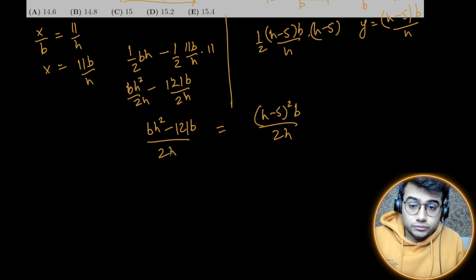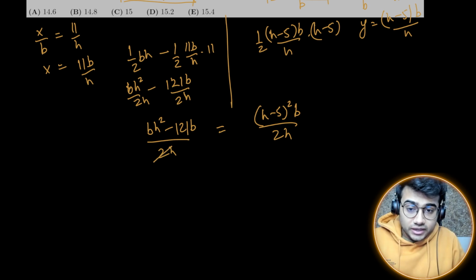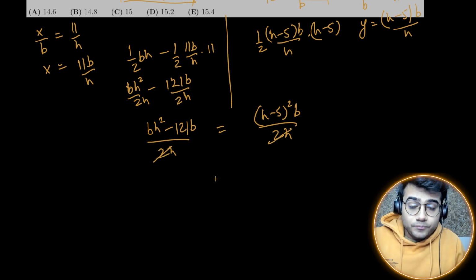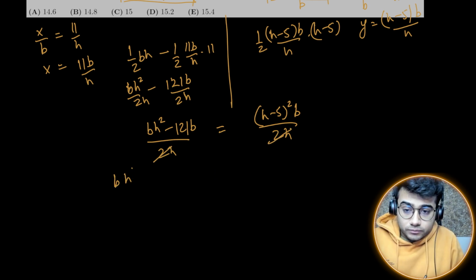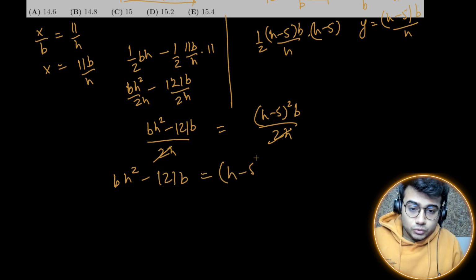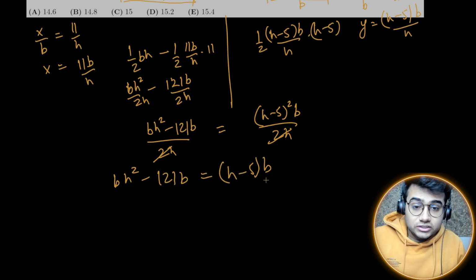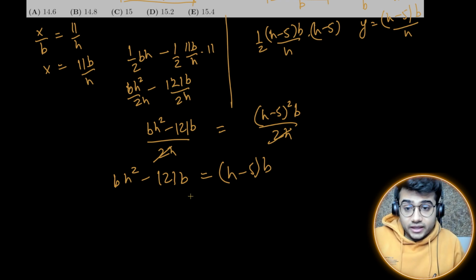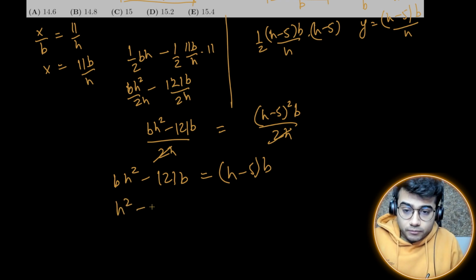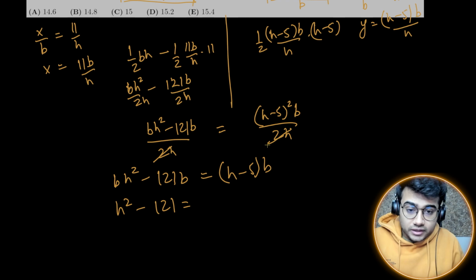Now I can multiply both sides by 2H, and this will go away. I end up with BH squared minus 121B equals H minus 5 squared times B. Now I can divide every single term by B as well, and that gives us H squared minus 121 equals H minus 5 squared.